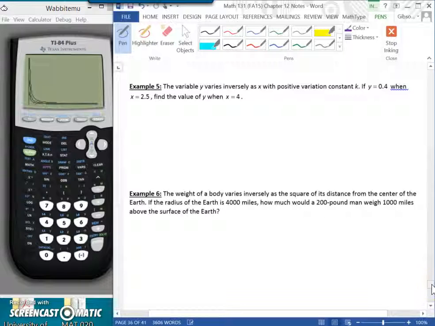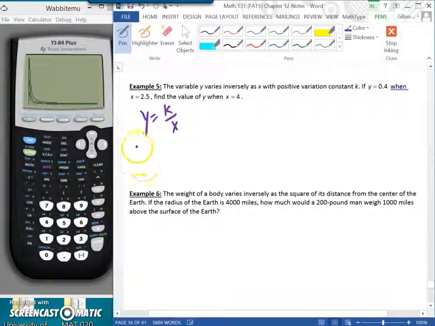We have example 5. It says here the variable y varies inversely as x with positive variation constant k. If y is equal to 0.4 when x is 2.5, find the value of y when x is 4. So we have y equals k over x. So we have a value for y.